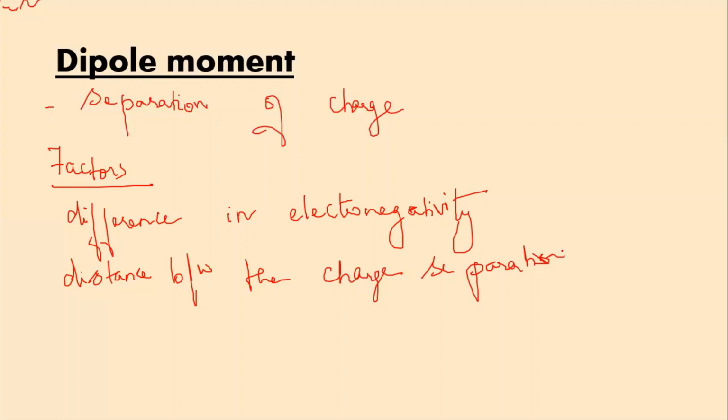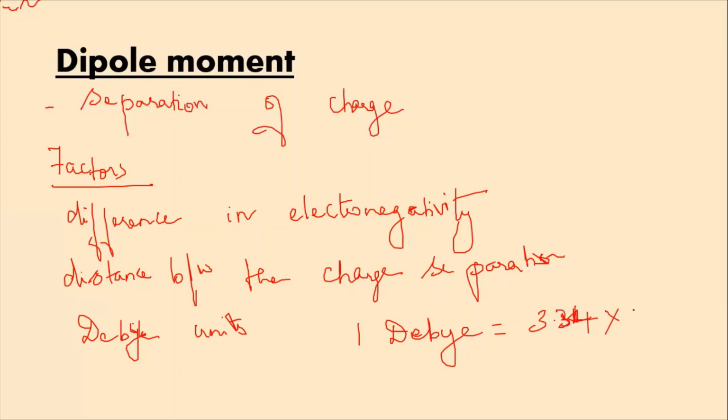So dipole moment is usually measured in Debye units, which is D-E-B-Y-E, Debye units. And 1 Debye unit is equal to 3.34 into 10 to the power minus 30 Coulomb meter.